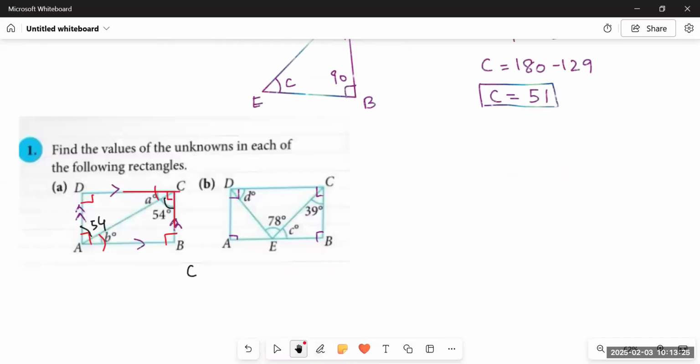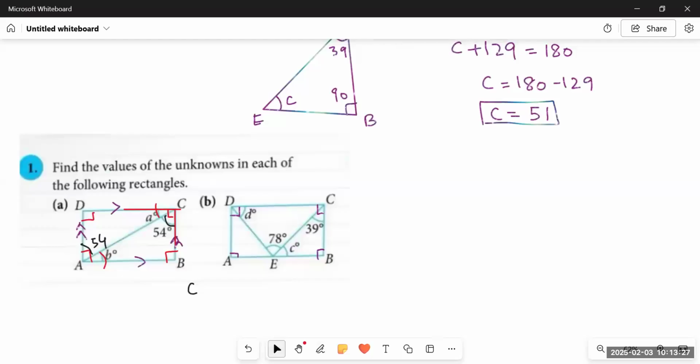Now, after finding angle C, we have to find angle D. And if we draw this triangle outside of the rectangle, we can say that this is angle D, and this is 78 degrees. And now we don't know this angle either. So how can we find this angle? We know that at point C, again, we have these two angles complementary to each other.